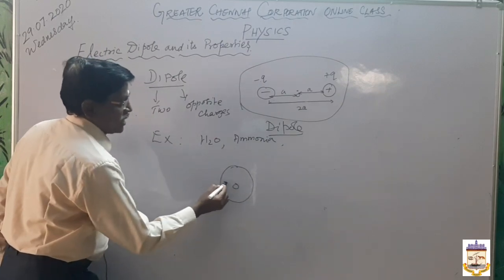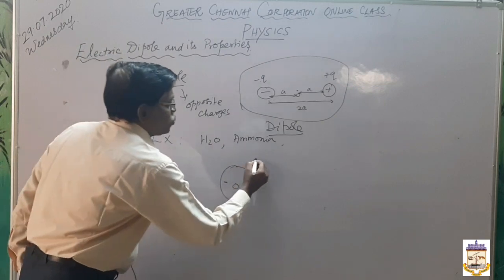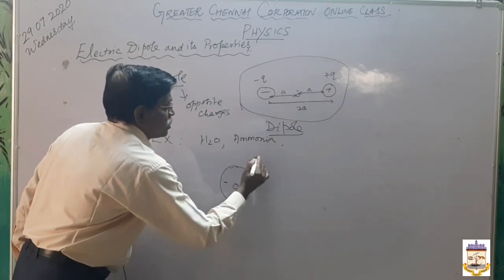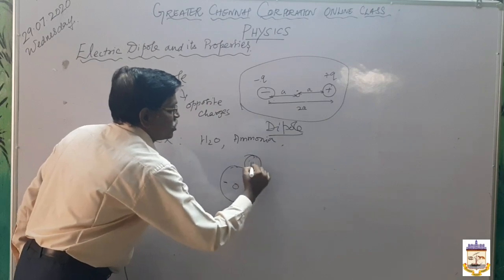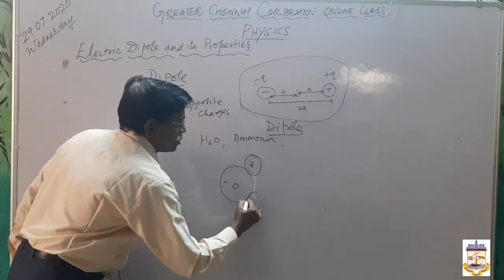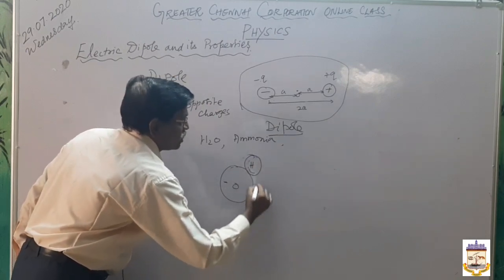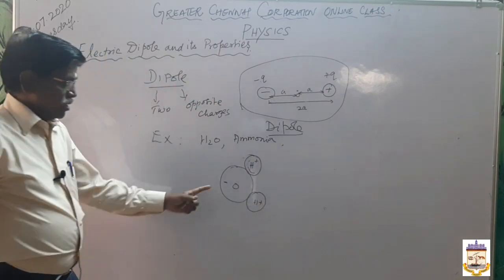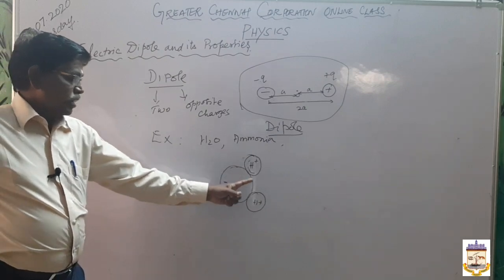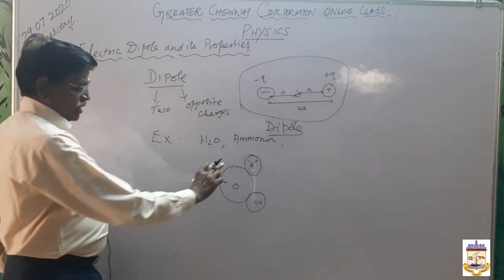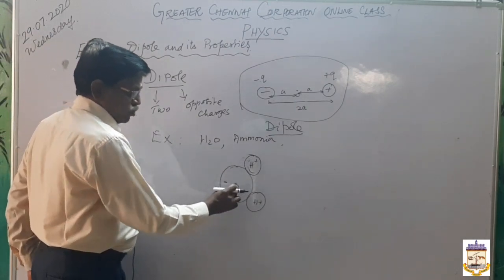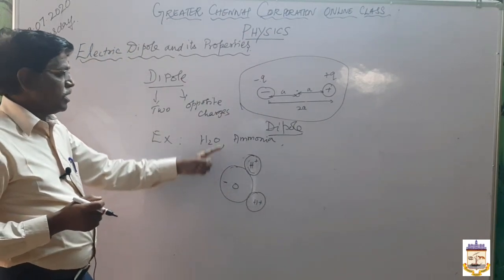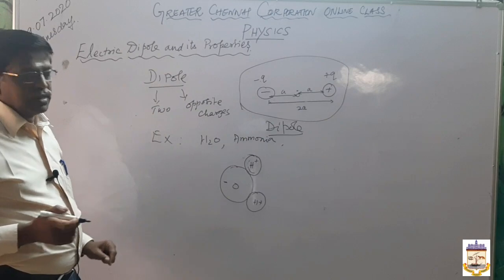Oxygen is negative. There are two hydrogens. The hydrogen is positive. So this is the water molecule. The negative and positive charges are permanently separated, so you can call this a dipole.